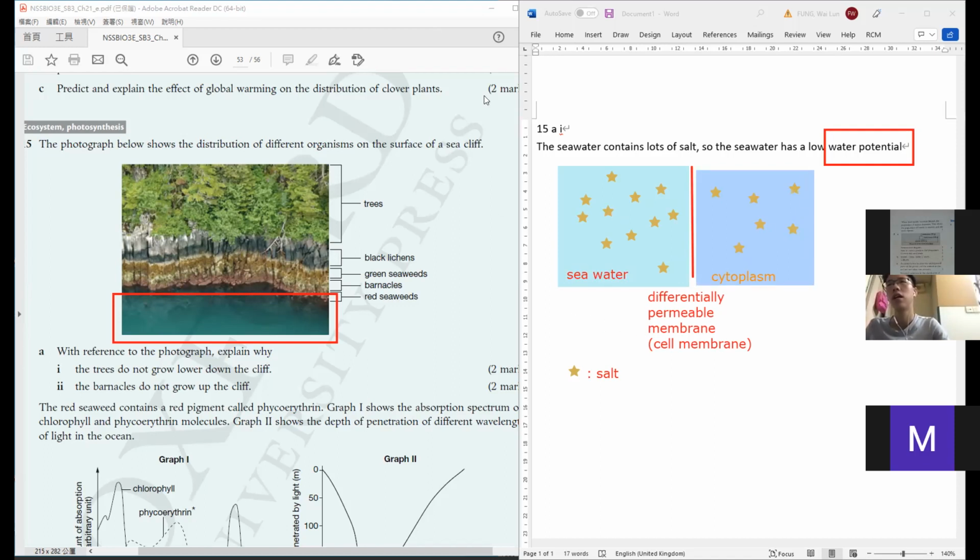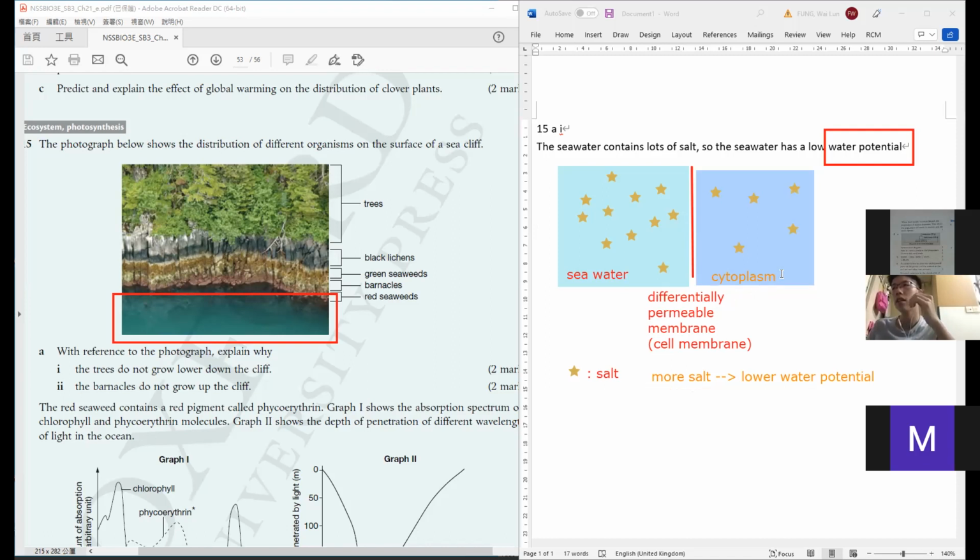So the concept is that when there's more salt, then the water potential is lower. That is a low water potential. I hope you still have some basic concept from Form 3.